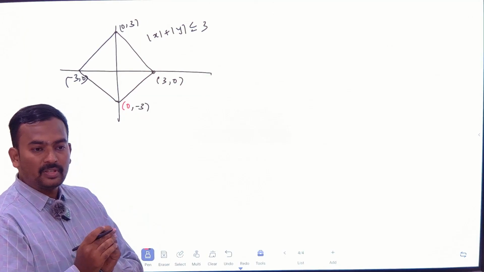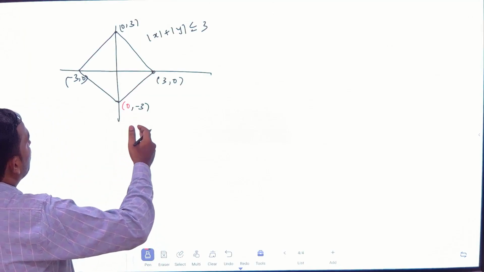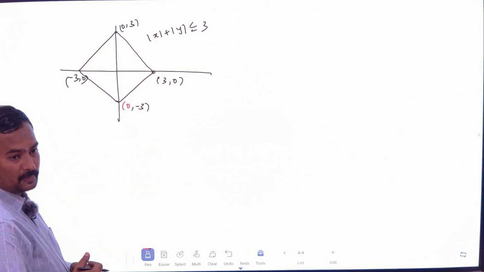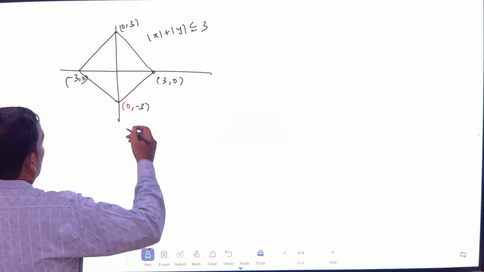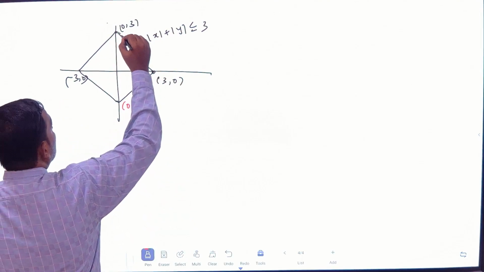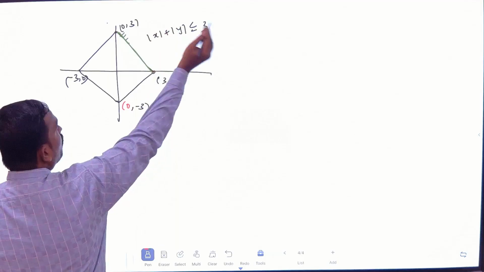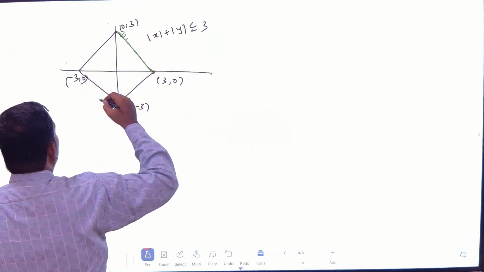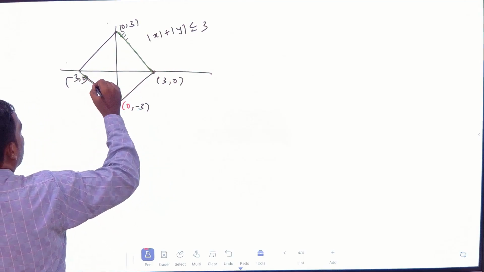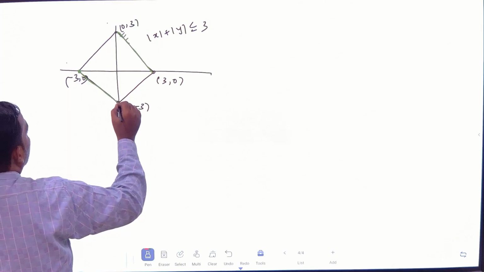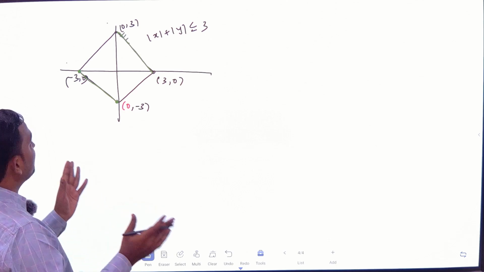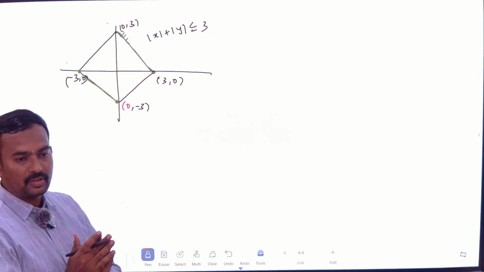And one more thing, the first set we already know is mod x plus y greater than or equal to 3. Understood? That means we have to take, you can see, this boundary and above portions. The same way y is equal to minus x minus 3, right, this is the graph, and the boundary you have to take. Clear? Okay. Now the complete region of these two graphs is what?